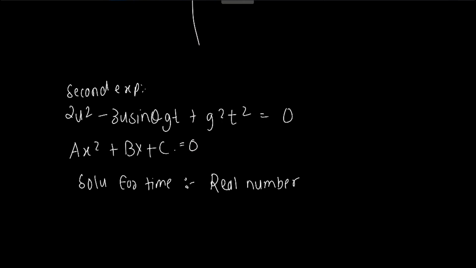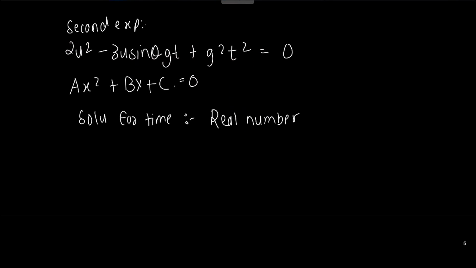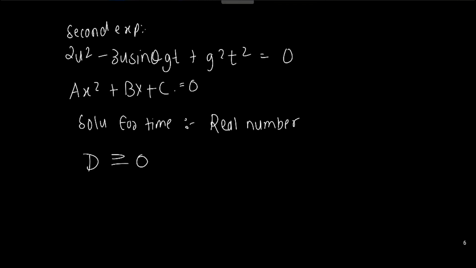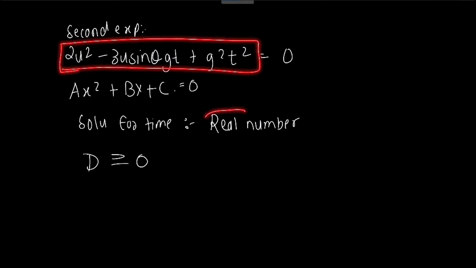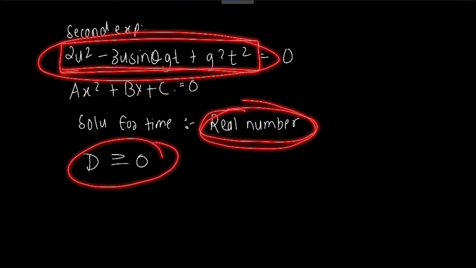And for this to give a real number solution, the discriminant D has to be either 0 or greater than 0, which is simply a positive number. So I hope you understood that. Let me repeat it once more. The solution for t here is always going to be a real number, and for this to have a real number solution, the discriminant always has to be non-negative.